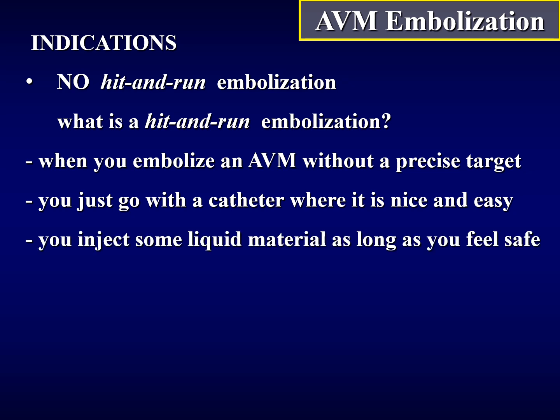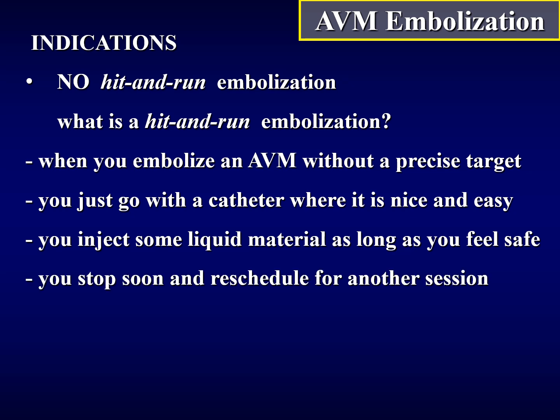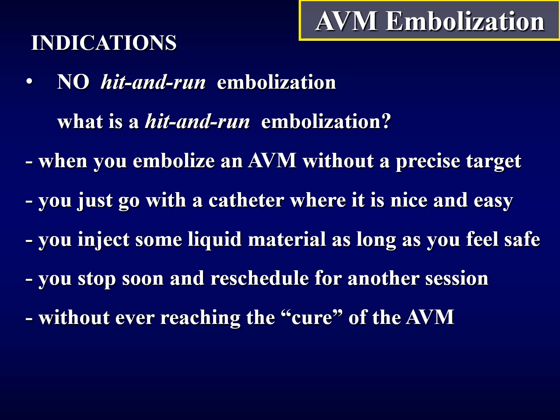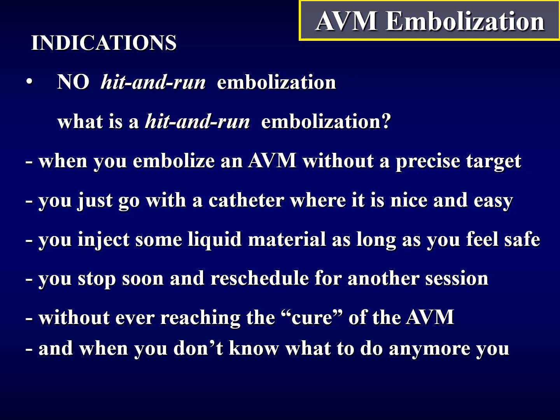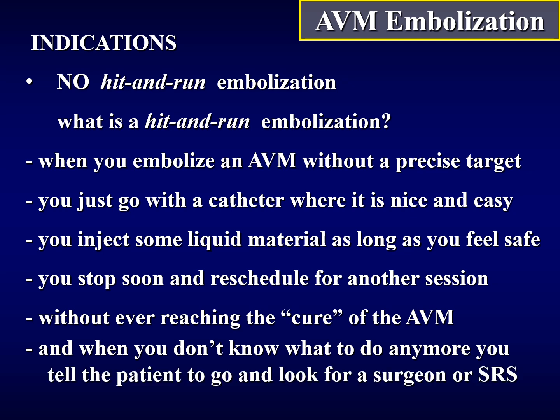You inject some liquid material as long as you feel safe. You stop soon and reschedule for another session without ever reaching the cure of the AVM. And when you don't know what to do anymore, you tell the patient to go and look for a surgeon or stereotactic radiosurgery.